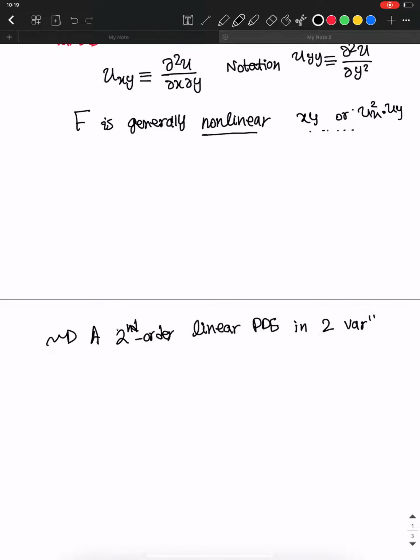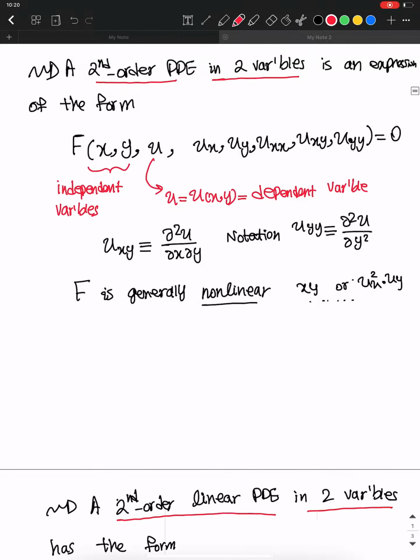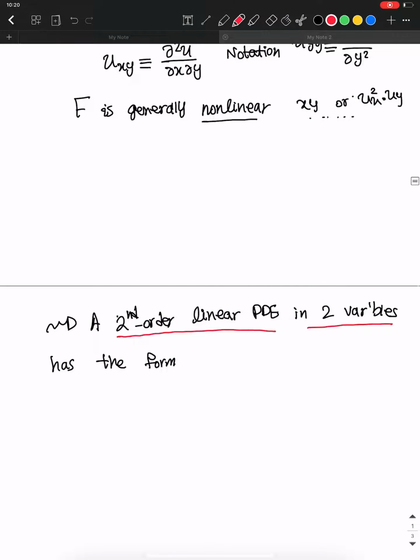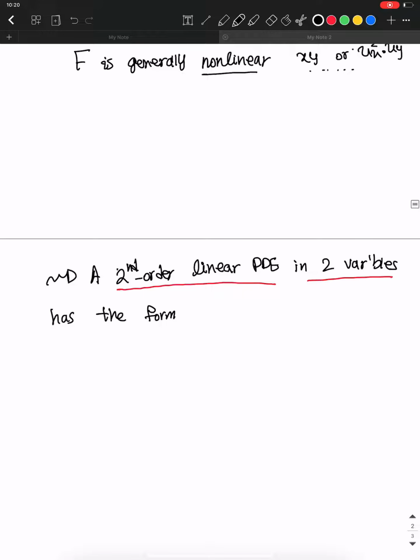So again, in two variables, it has the form. This is second order, it's linear, and we have two variables. The difference here is that now this is just a linear function compared to the previous one, which was a general form.